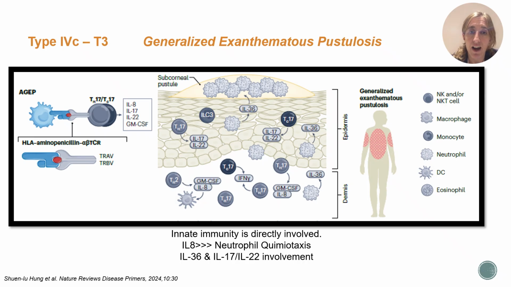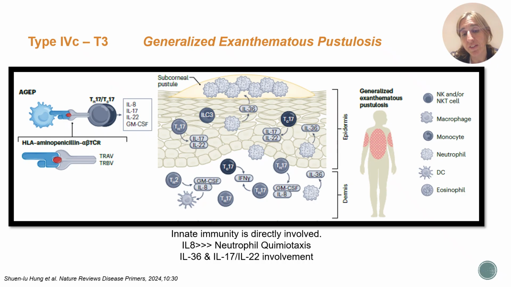Th17 cells and innate lymphoid cells type 3 play a key role in producing all the IL-17 family cytokines, which induce neutrophil recruitment and also enhance Th2 cytokine production, leading to inflammation. It's also interesting that certain bacterial and fungal components can promote these Th17 responses. These responses can result in tissue damage also via respiratory burst, enzyme release, and NETs, the whole process of NETosis.